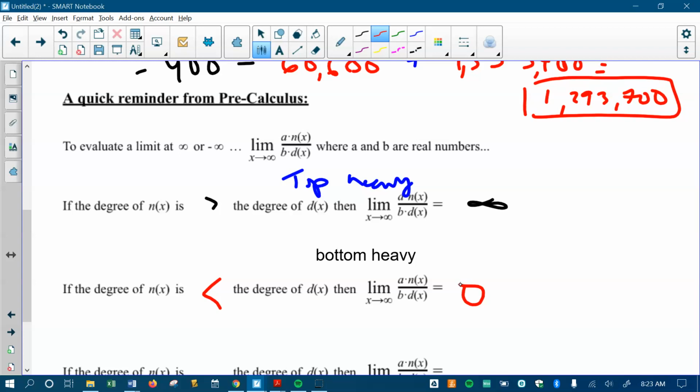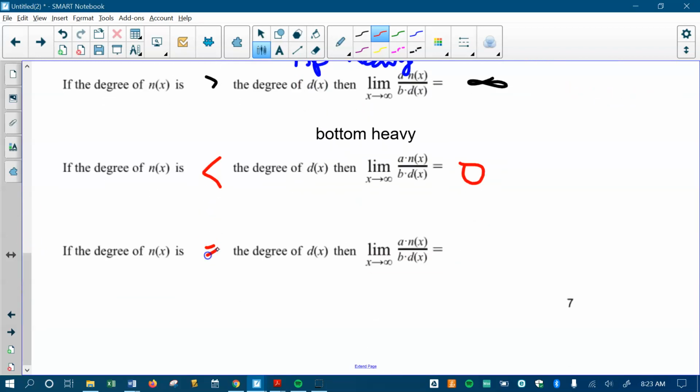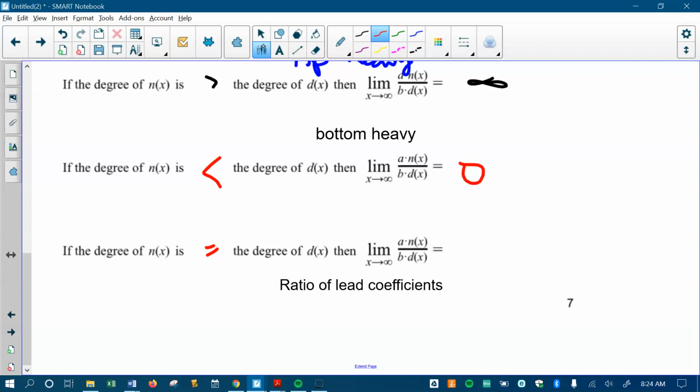And then finally, if we have the degree of the numerator equal to the degree of the denominator, you take the ratio of the lead coefficients. So that's the ratio of the lead. Your answer, for our purposes, based on this setup, would be a over b.